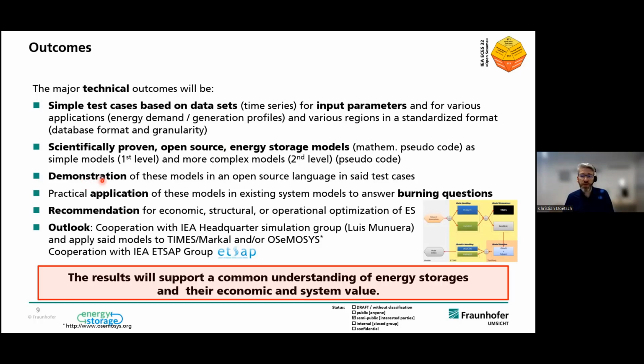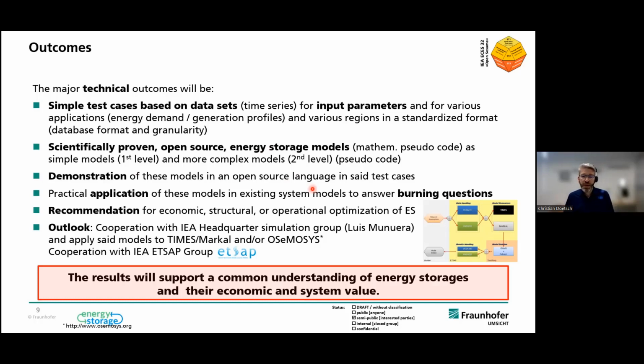And we want to demonstrate all the models in an open source language. That was also very important to say. We want to show you that all the models are really working at the end. And last but not least, we try to make some practical applications, in this case in existing system models, and to answer some really burning questions.